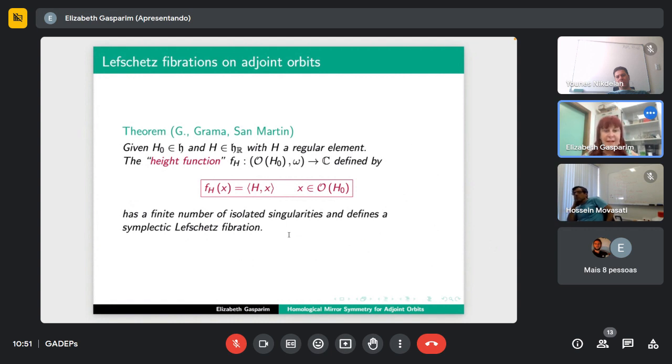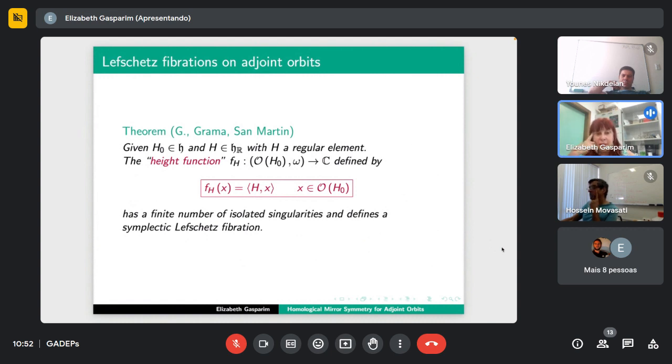You can choose any Lie algebra, any semi-simple adjoint orbit, and any regular element, so that the function has isolated singularities. And we have examples of symplectic Lefschetz fibrations that we can study. The question now is, are they interesting?